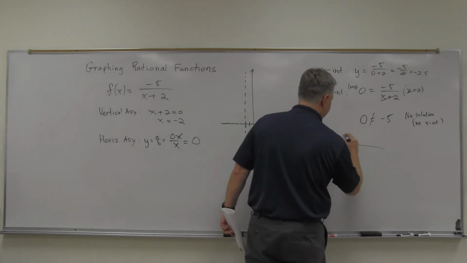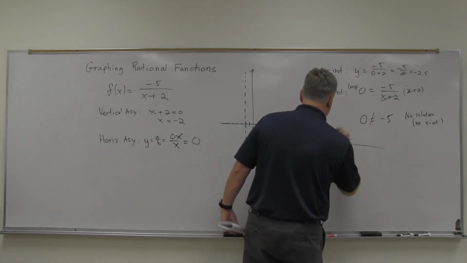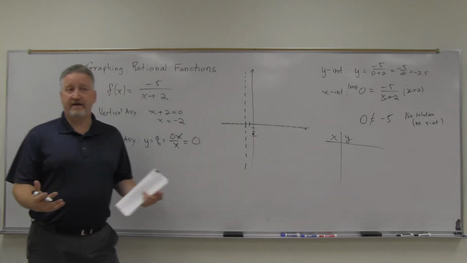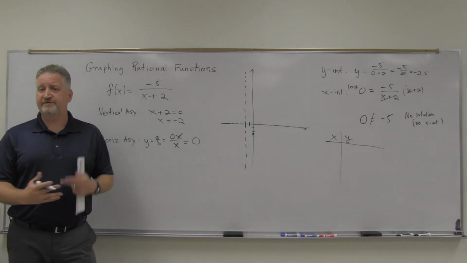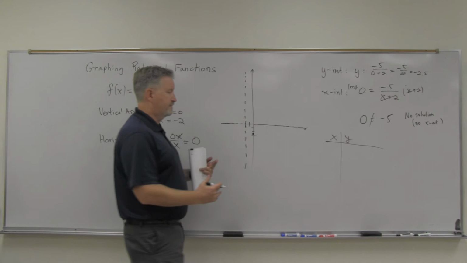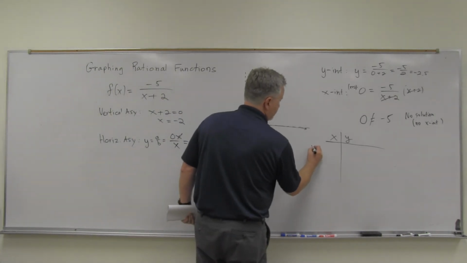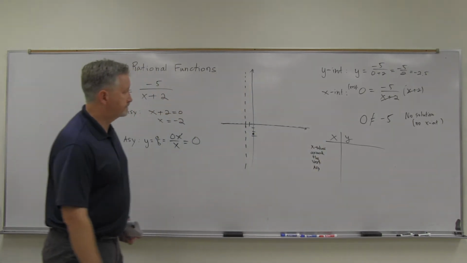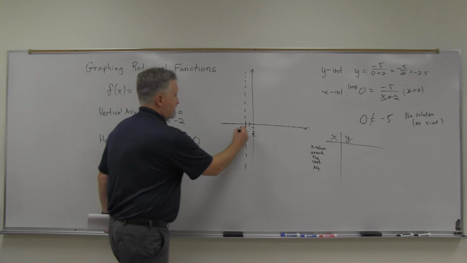So a table I think would be definitely helpful here. My suggestion for the table is to do a couple of points on either side of the vertical asymptote. So we're going to choose x values around the vertical asymptote. Our vertical asymptote here is negative 2.